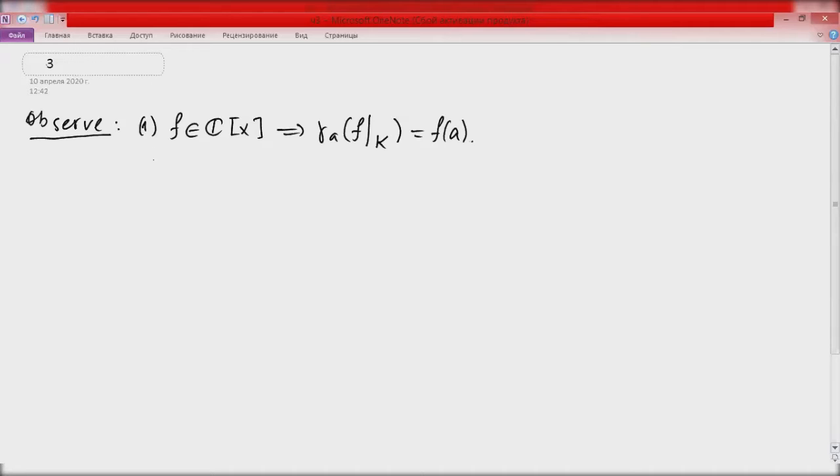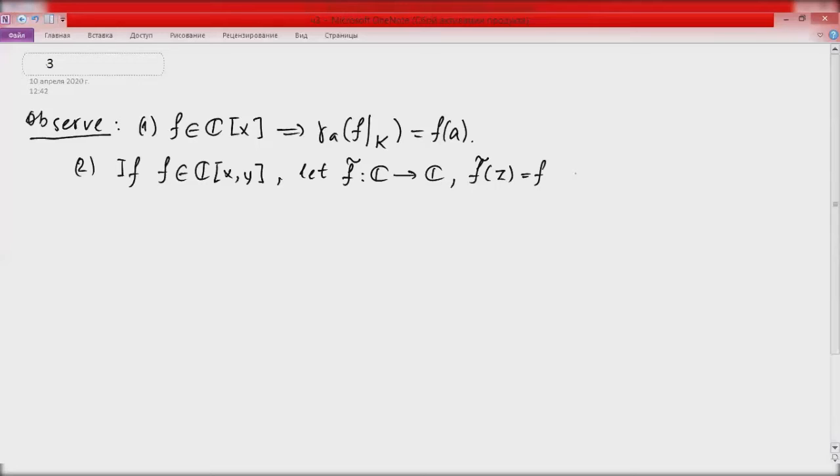More generally, the second observation: if we have a polynomial f in two variables, say x and y, let's introduce the following function f tilde. We'll let f tilde denote the function from the complex plane to itself, given by the following formula: f tilde of z is f at z and z bar.